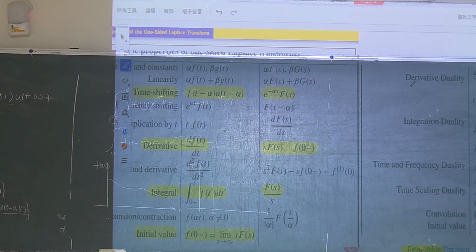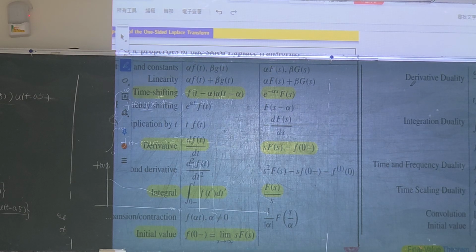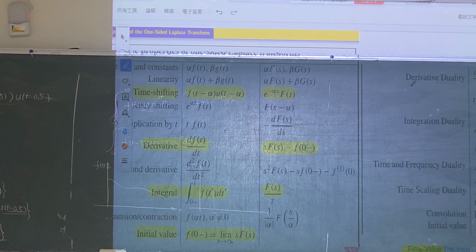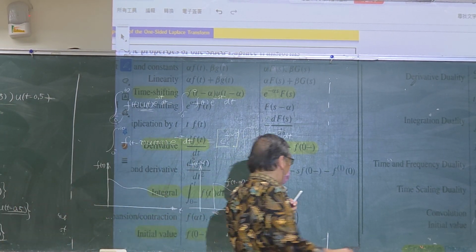So now I have e to the negative 0.5 s times the Laplace transform of the original function without delay. This is the purpose of this example: how do we deal with the delay? We multiply the Laplace transform of the function by the delay operator, e to the negative 0.5 s. And then we can collect the terms.